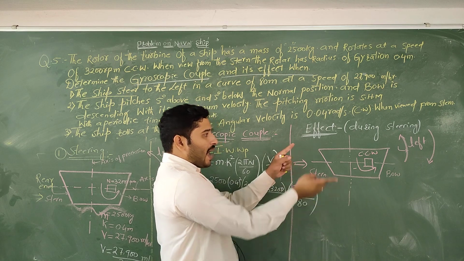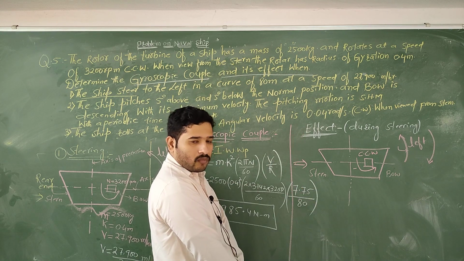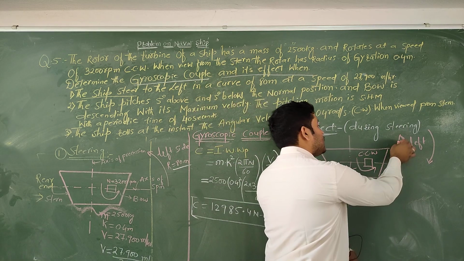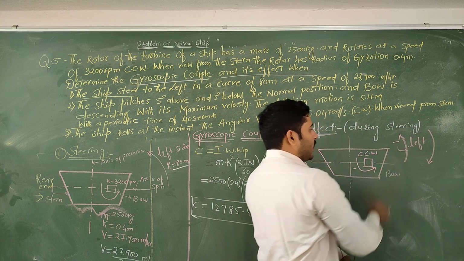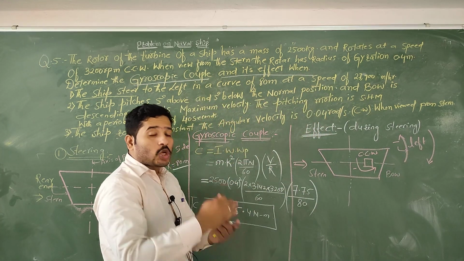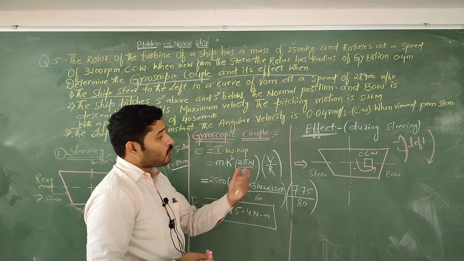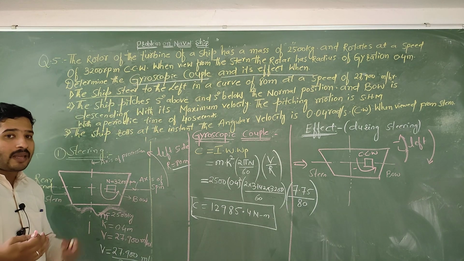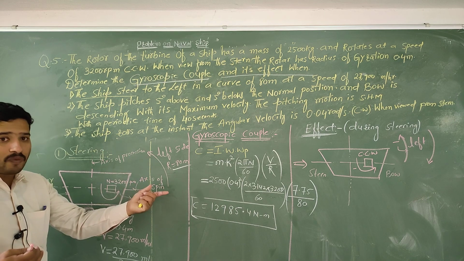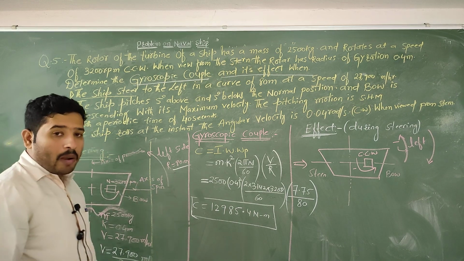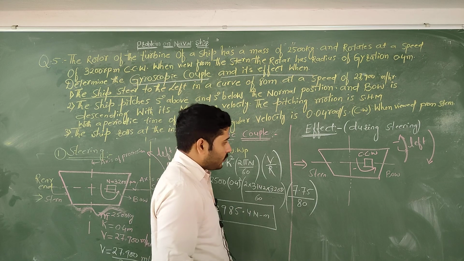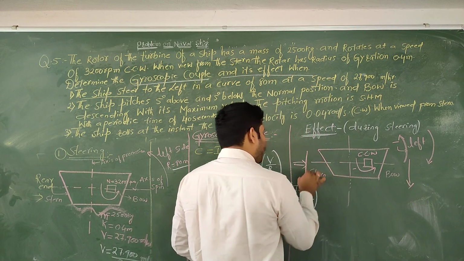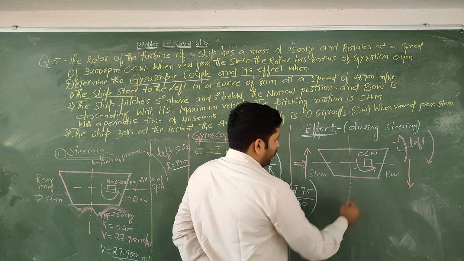And if it is taking a left turn, it is again considered negative. So the gyroscopic couple direction will be minus into minus, which is positive, and the effect on the ship will be to lower the bow and raise the stern.